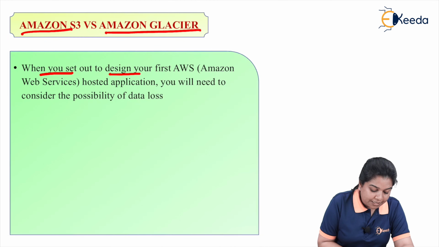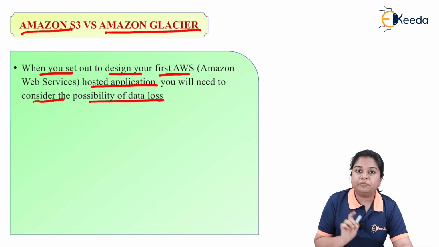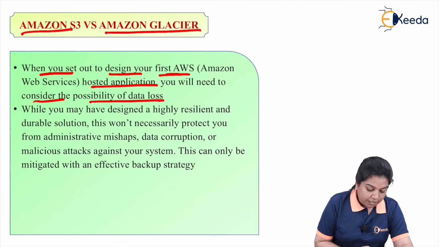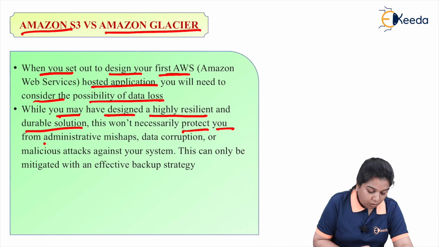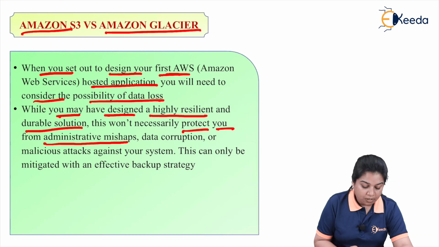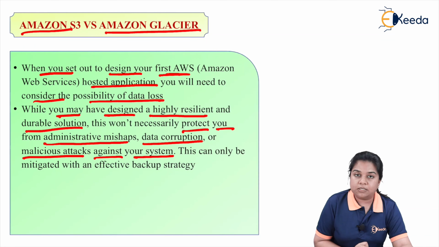When you set out to design your first AWS hosted application, you will need to consider the possibility of data loss. While you may have designed a highly resilient and durable solution, this would not necessarily protect you from administrative mishaps, data corruption, or malicious attacks against the system.